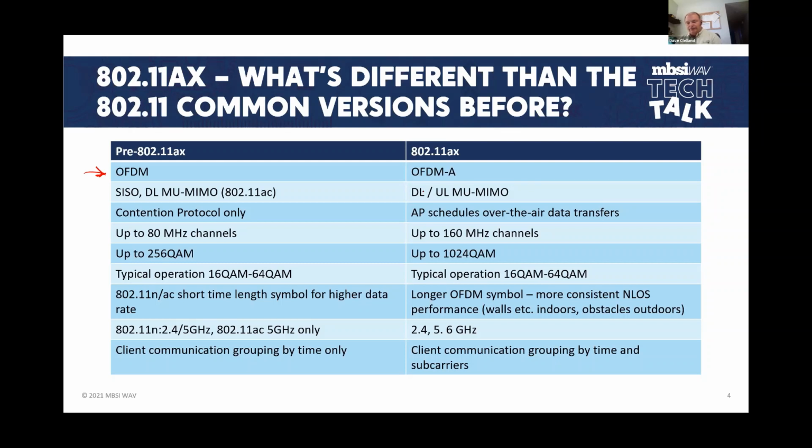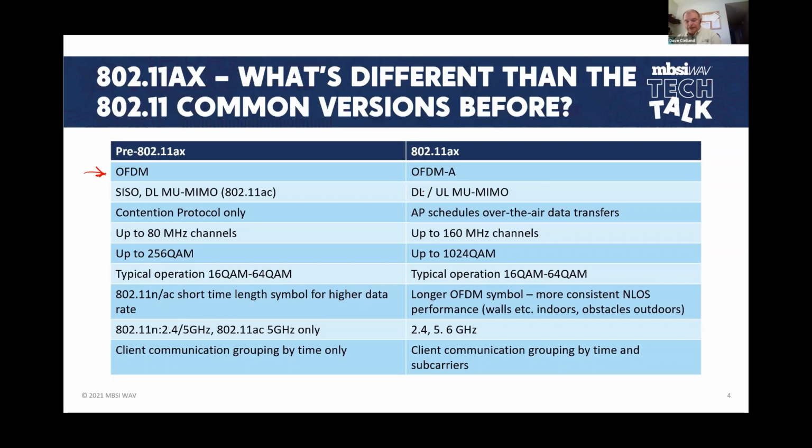In OFDM, if I have a small frame, I'm still using the entire channel, all of the subcarriers in that channel, and some of them might be filled up with no data. And in OFDMA, those no-data moments in the spectrum can be filled up with traffic to another subscriber module or another Wi-Fi client.